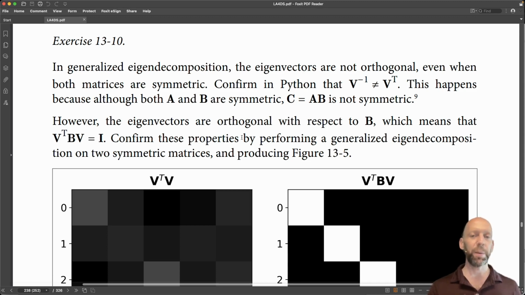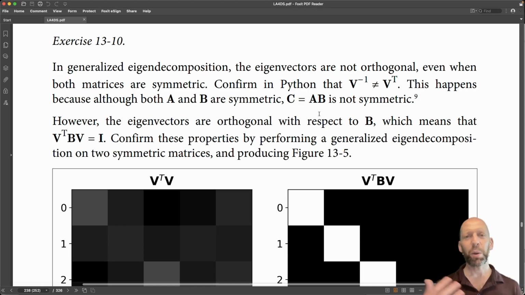Essentially that comes from the theory of generalized eigendecomposition, because you can think of generalized eigendecomposition on two symmetric matrices A and B as a regular eigendecomposition on the matrix product B inverse times A. B inverse and A are both individually symmetric, but the product of two symmetric matrices is not going to be symmetric, at least not in the general case.